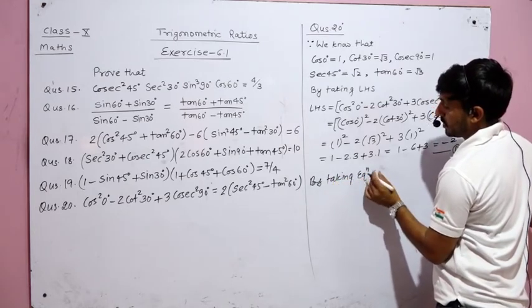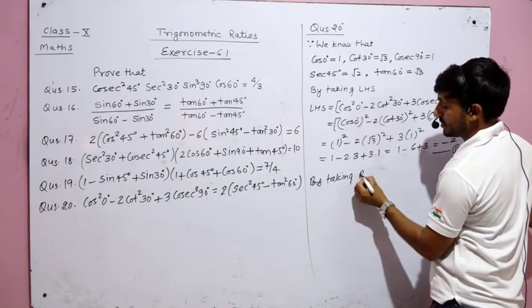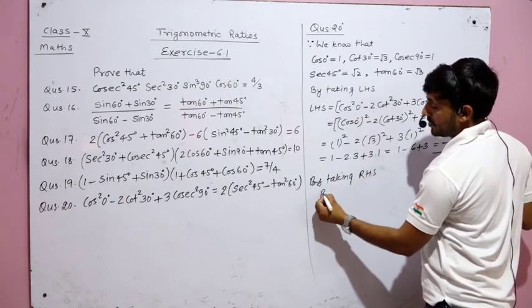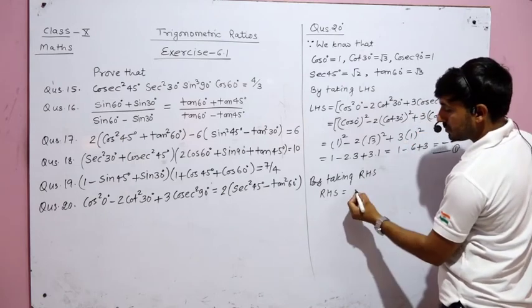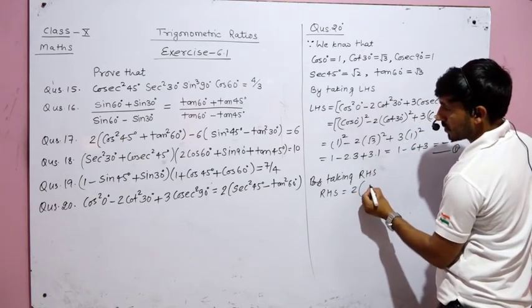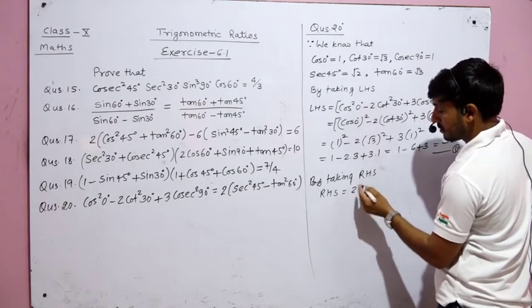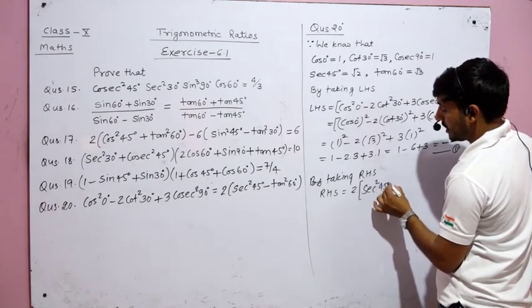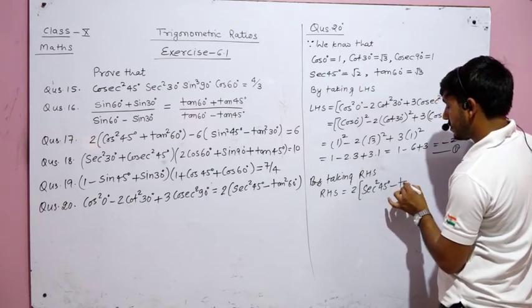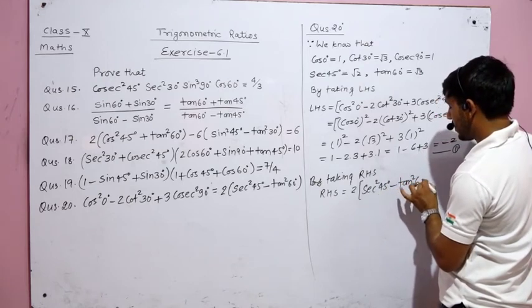Again, equation number 2, by taking RHS, we have RHS equal to 2 sec square 45 degree minus tan square 60 degree.